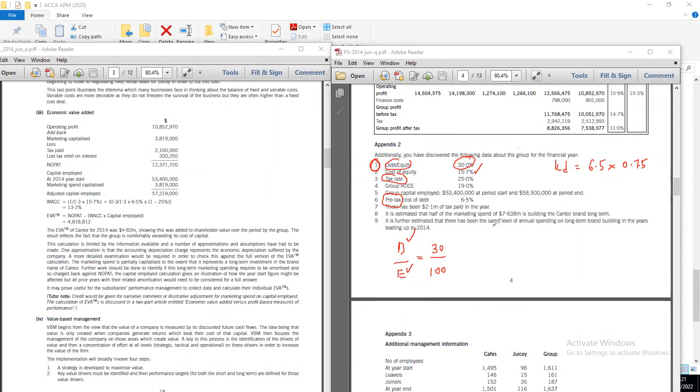But remember, in your computation, to value cost of debt, you want that plus that multiplied by the cost of debt. So this is what you need.